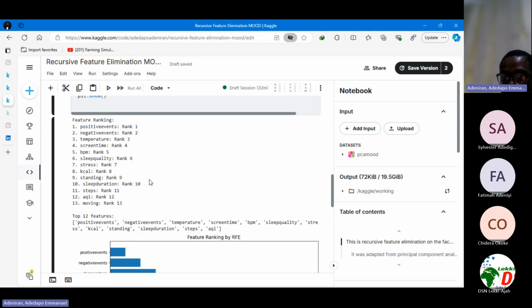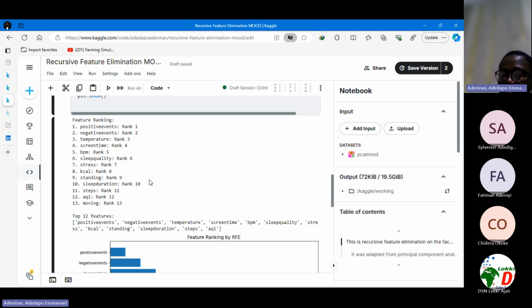Your environment, such as your temperature, your air quality index, maybe humidity, the pressure, probably the oxygen concentration of the environment, might have an influence. Your phone usage can also have an influence on your mood. Your heartbeat, sleep quality, and stress level can have an influence. Your physical activity, how physically active you are, and the number of steps you take every day can have it too.